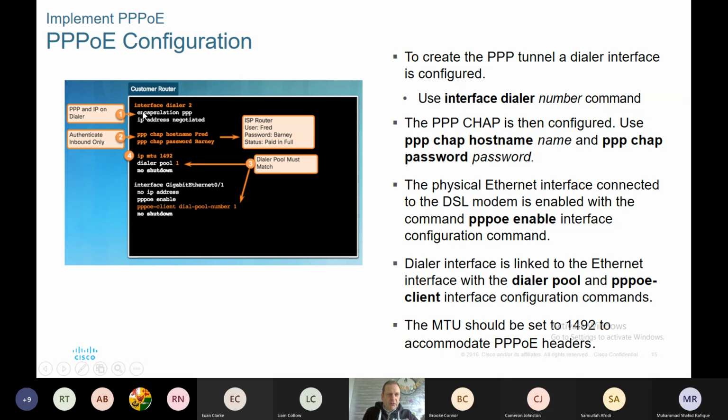You say interface dialer, which could be 1 or 2. They've used 2 here to show you that these numbers can be different. It could be 2, 9, or 200, it doesn't matter. You then say on that dialer, I want encapsulation PPP, and I want the IP address to be negotiated.